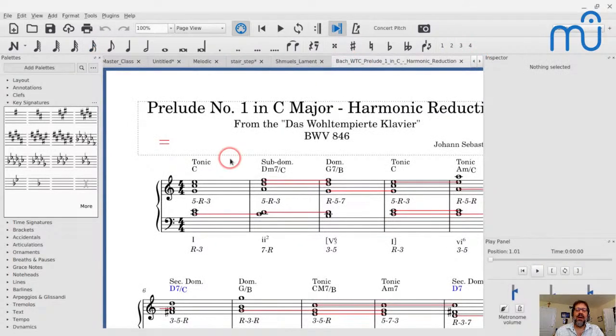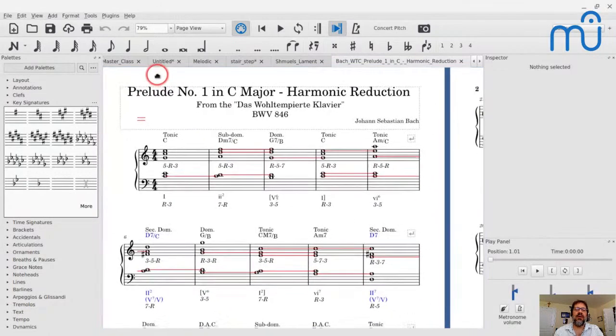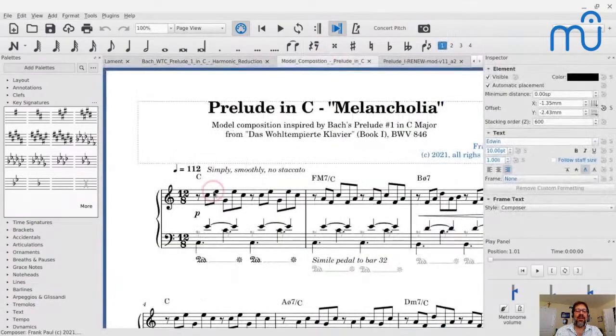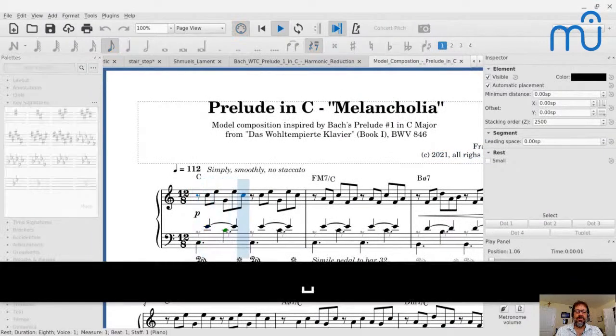So I want to move on and talk for a little bit about this prelude, even though people are kind of wrapping up what you're doing with it. But if anyone is still interested in this idea of composing something based on that prelude in C, we saw how that Ave Maria was kind of based on it, and here's Frank's version.